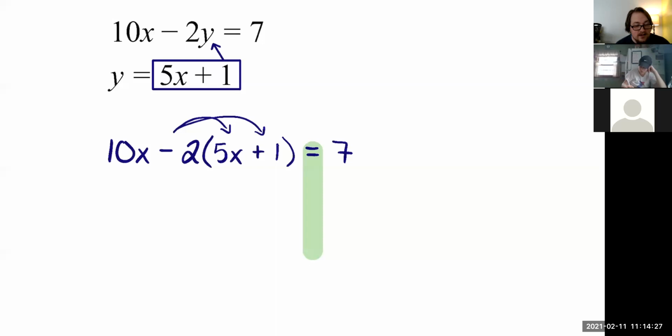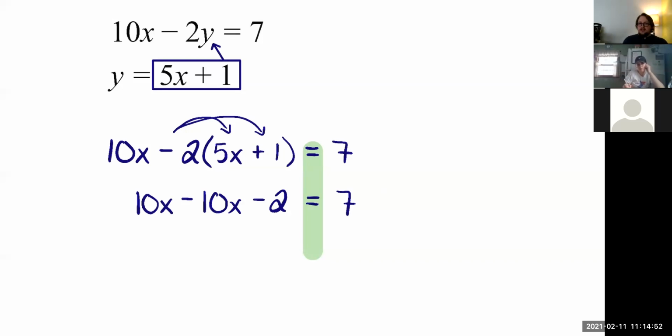Giving Marissa her credit. Distribute, she's right on it. The 10x though, we didn't touch, so we bring it down. The negative 2 times 5x is going to give me a negative 10x. The negative 2 times 1 is going to give me a negative 2. Bring down my equal, bring down my 7.